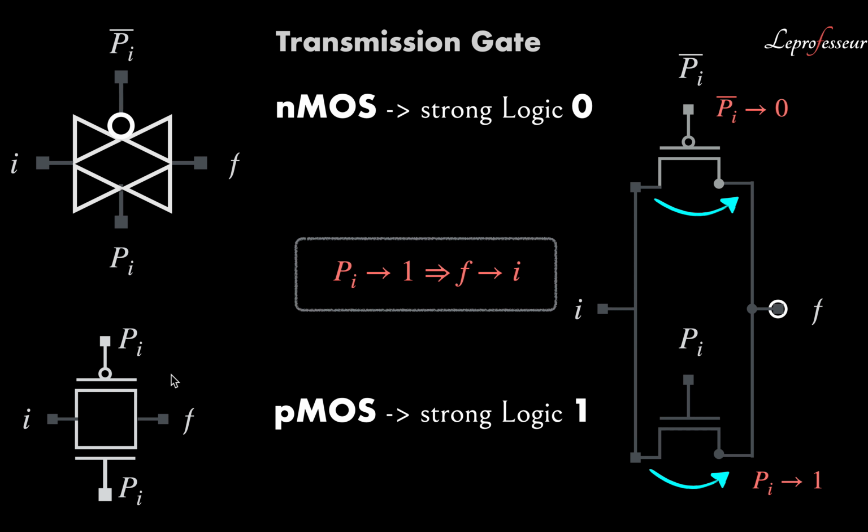You might have also seen this structure at the bottom. Both of them are correct for showing the transmission gate. Here it's more explicit that PMOS and NMOS are connected together, very similar to what is shown on the right side.